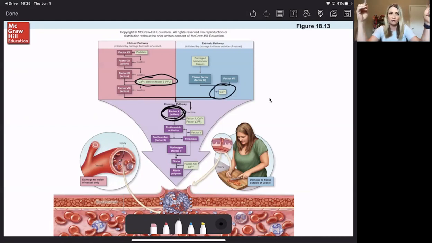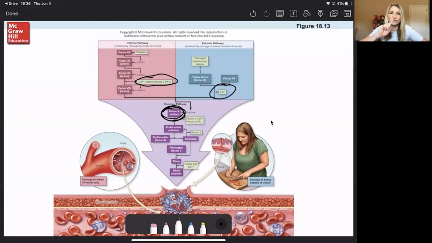No matter which pathway you came from, common pathway begins with factor 10. Okay, then that factor 10 is going to combine with factor 2 and 5, and then calcium ions again are important here. And platelet factor 3 as well. And these all are going to activate prothrombin into thrombin, okay?